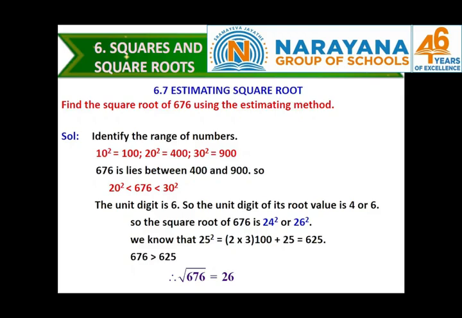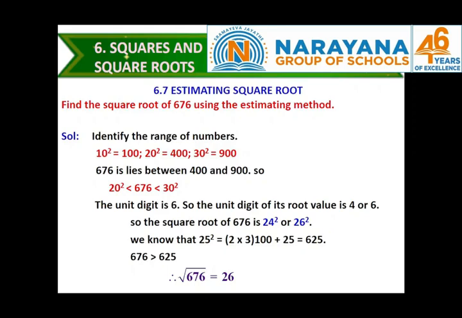If a number ends with the digit 6, then its square root ends with either 4 or 6. So either 24 or 26 is the square root of 676. See, 25 square, you know how to find it: 2 into 3 into 100 plus 25, that is 625. 676 is greater than 625.